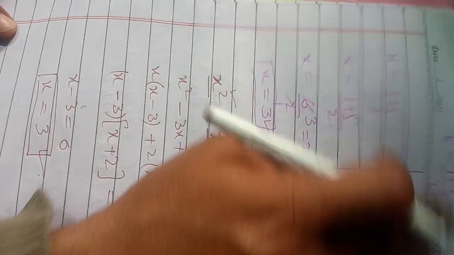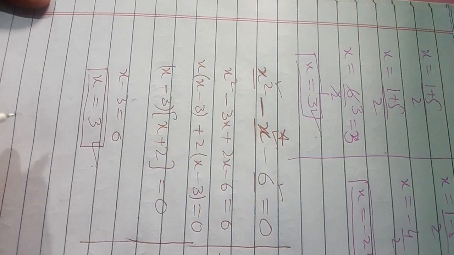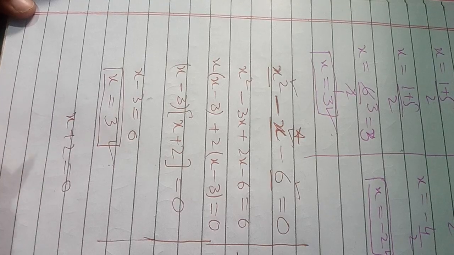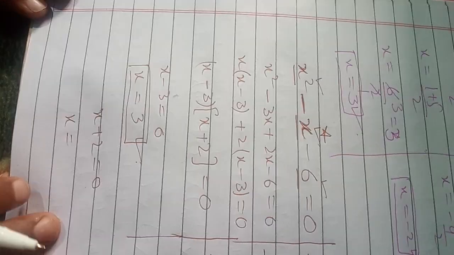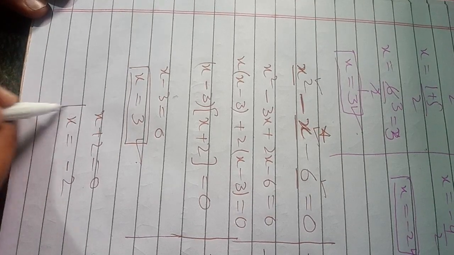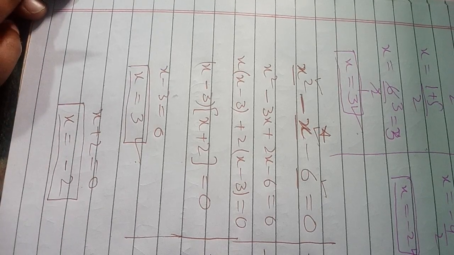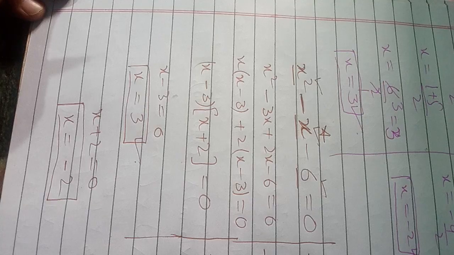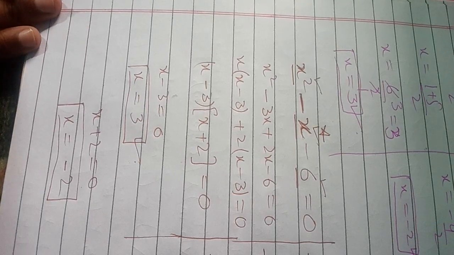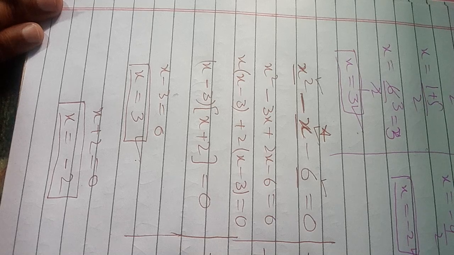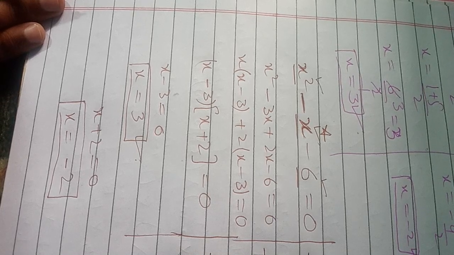And after putting the second term equal to 0, x plus 2 equal to 0, we can find the value of x is equal to minus 2 after calculating it. So you can see in both cases we have found that the value of the solution is the same.